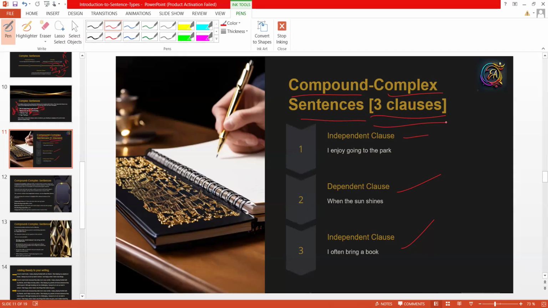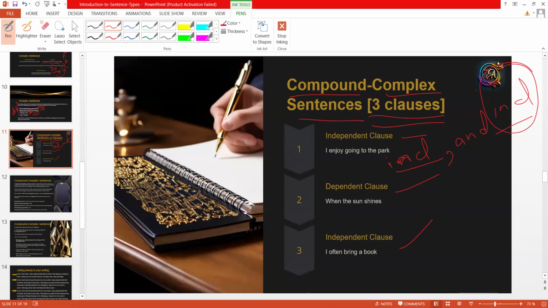Now what do I mean when I say compound complex sentences? See, what we'll have to do here, and this is just an example: we write an independent clause, comma, and we can add any coordinating conjunction here, and again an independent clause. So that makes up a compound sentence, isn't it? Now, what if we share this independent clause with the complex one?